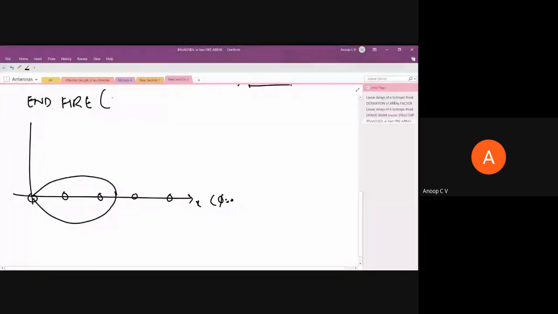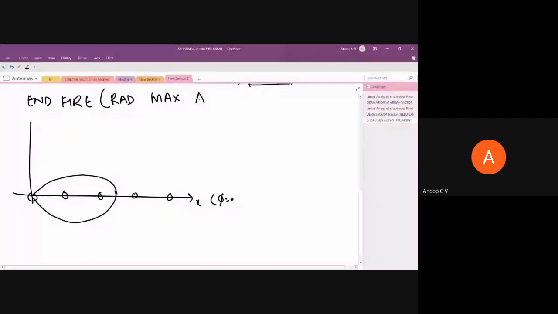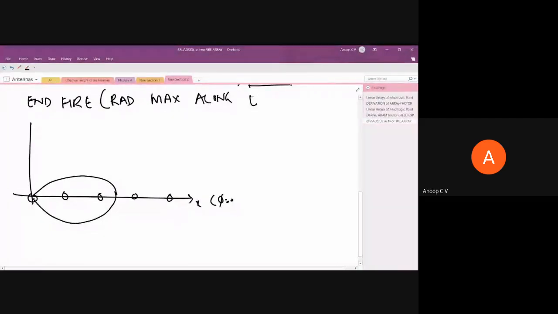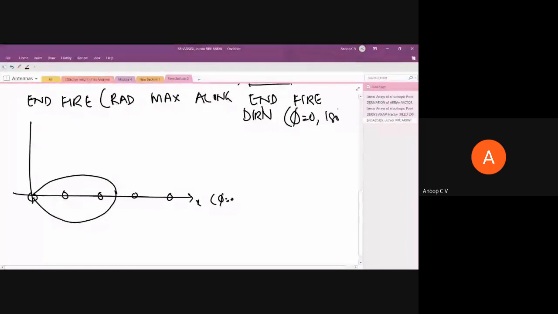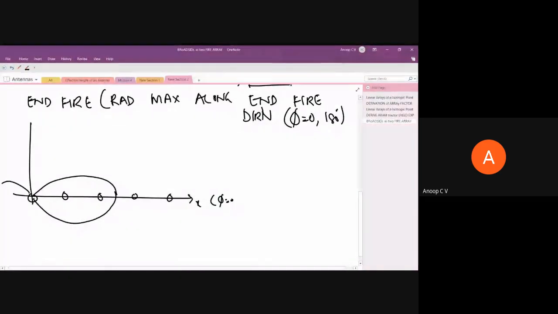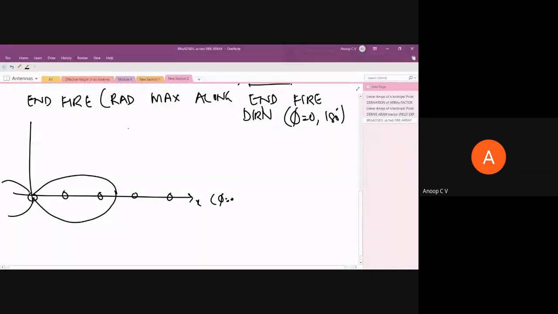So for an end-fire array, the radiation maximum is along the end-fire direction, which in this case is phi equal to 0 and 180 degrees.